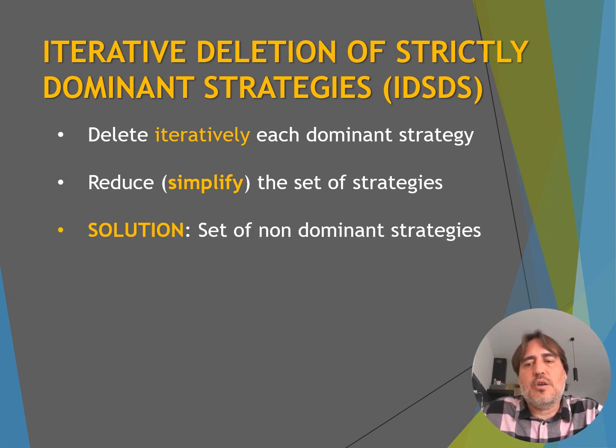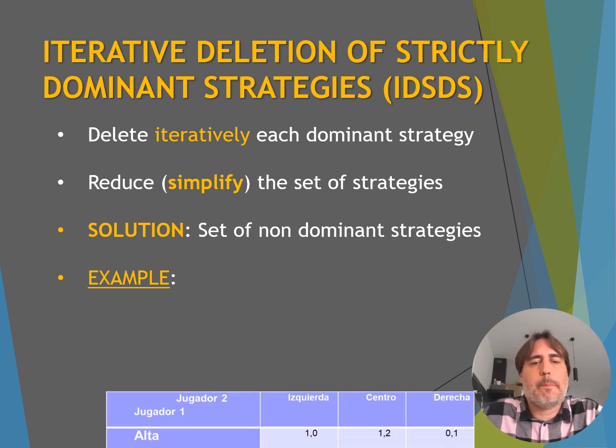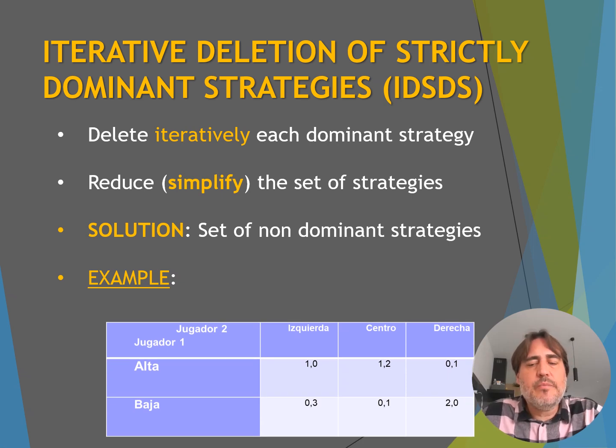Let's look at another example where this can be applied, as in the case of the prisoner's dilemma previously commented, although in a much less direct way. Clearly, the strategy right of the column player is dominated in this case by the strategy center.